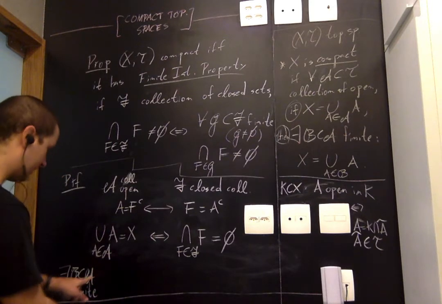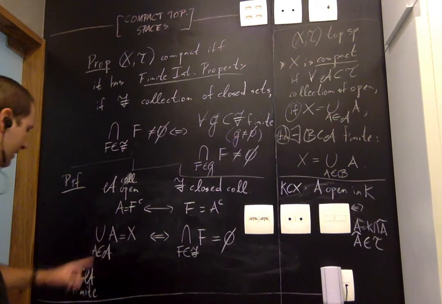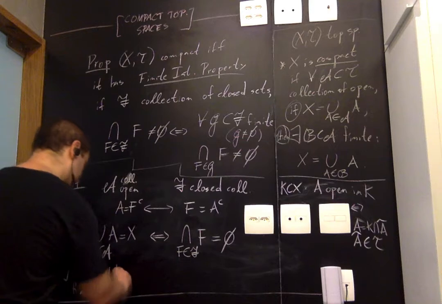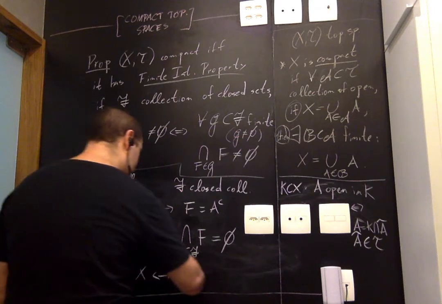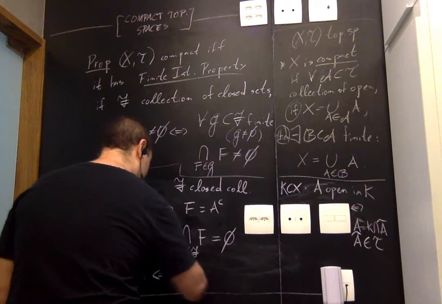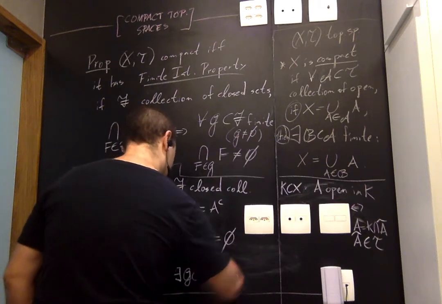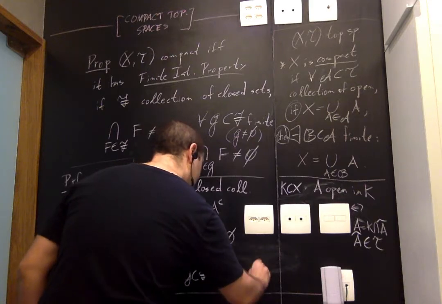saying that there exists a subcollection, right, of the open cover that is finite and still covers everything is the same thing as saying that there exists a subcollection of the closed sets such that the intersection of F belonging to G, F is the empty set, right?